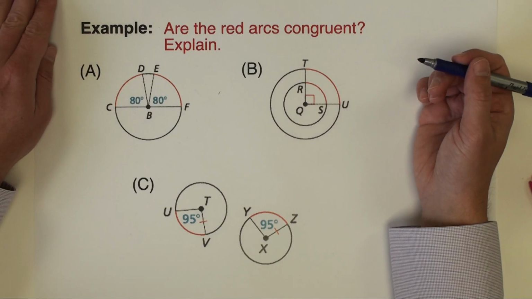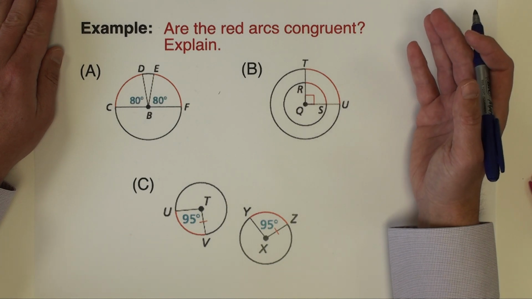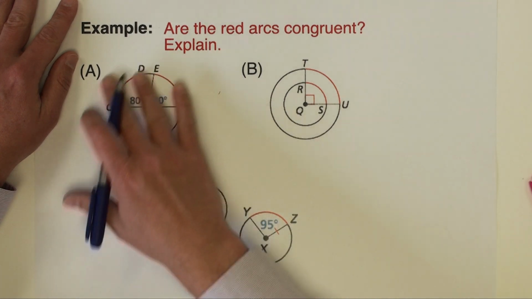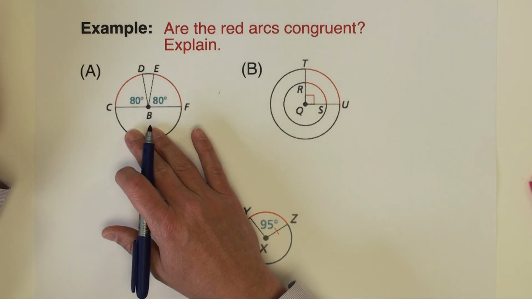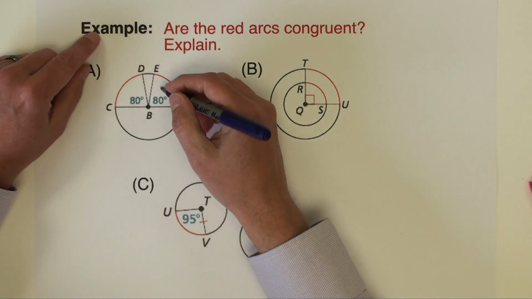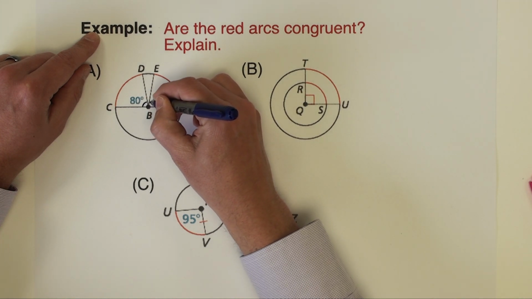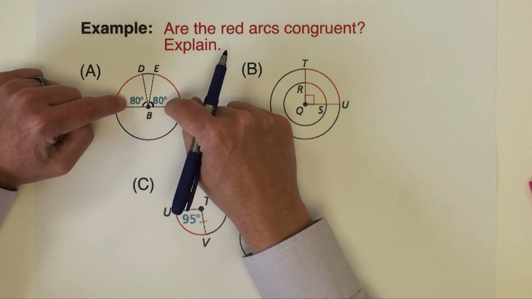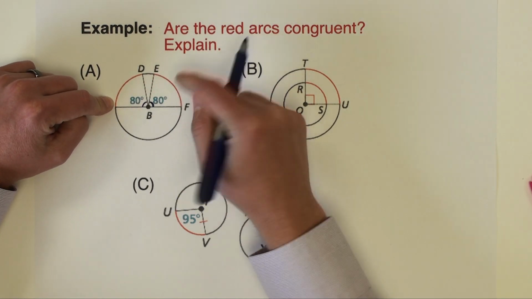All right, the directions on this slide are: are the red arcs congruent, and then explain. So in this first circle, question A, we've got a single circle. Okay, so that meets the stipulation of same circle. And then we have two central angles that are both 80 degrees. So these central angles are congruent. Because these central angles are congruent, these arcs are in fact congruent.